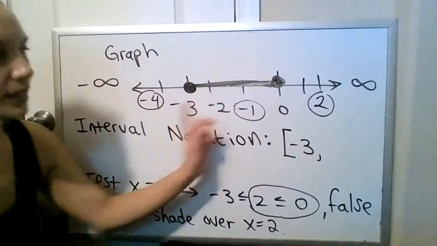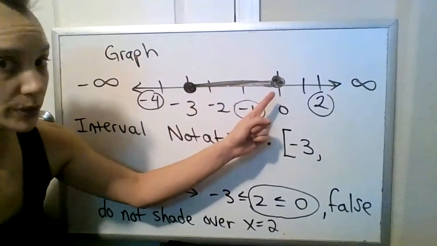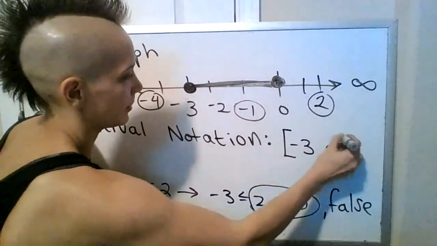It goes over to the other endpoint, which is 0, and you also include 0 with a square bracket.